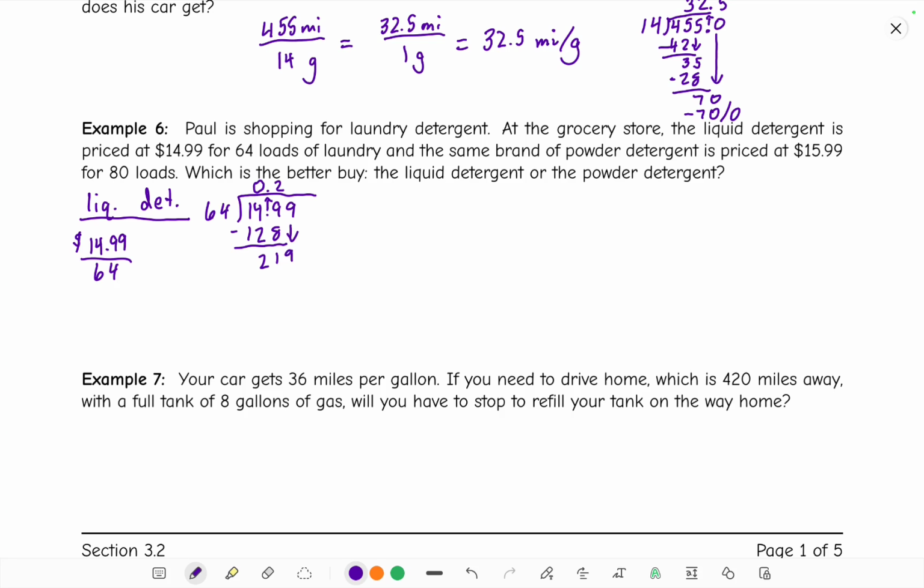Does 64 go into 219? Yes, it does. 3 times. Subtract again. 27. Well, I'm not quite done yet, so I need to add a 0. Does 64 go into 270? Yep. 4 times.